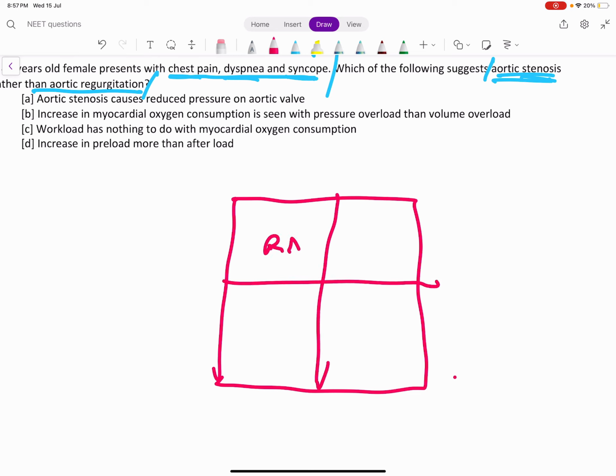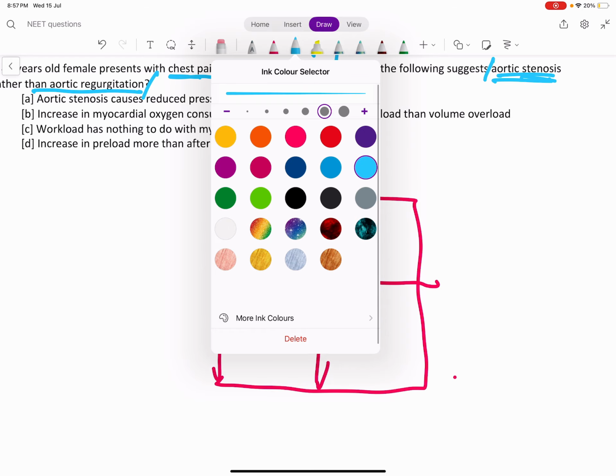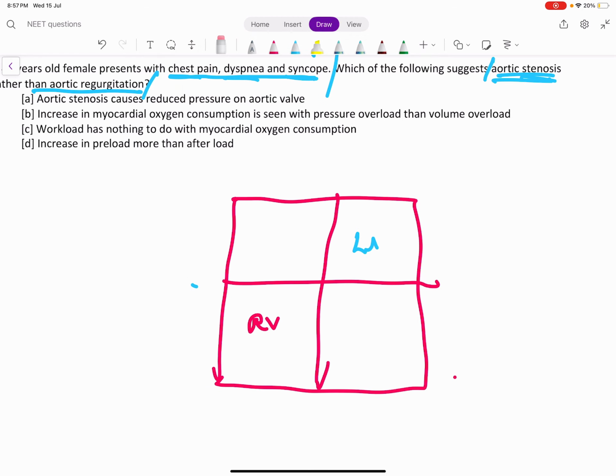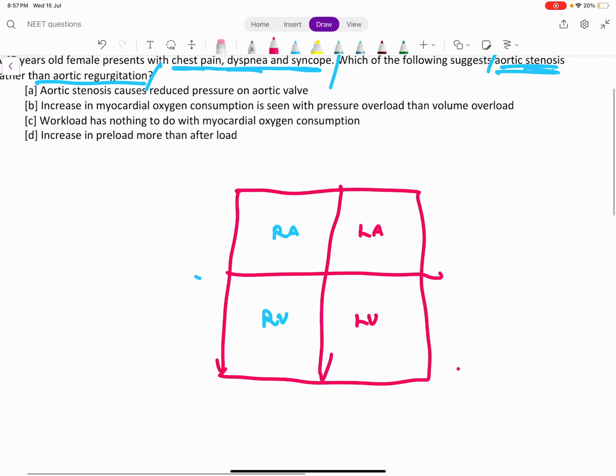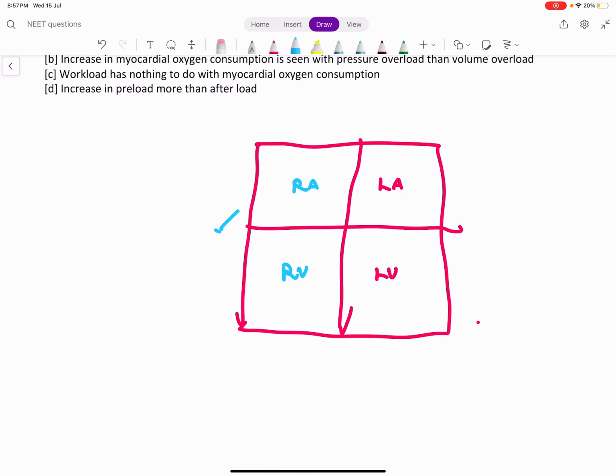So this is the right atrium, right ventricle, left atrium, left ventricle. We know very well that deoxygenated blood from the SVC and IVC empties into the right atrium.